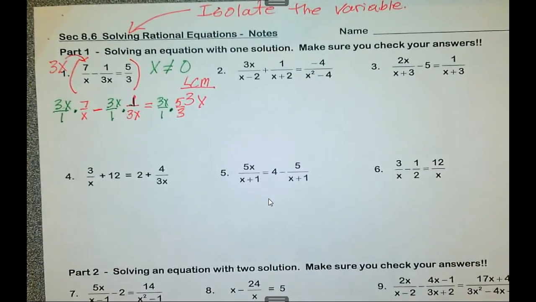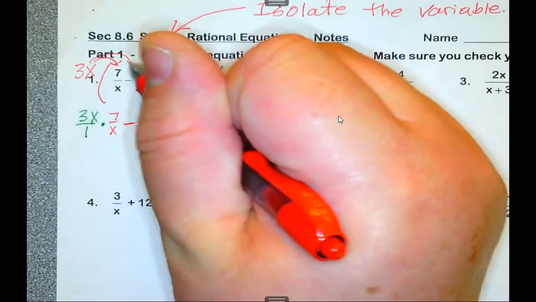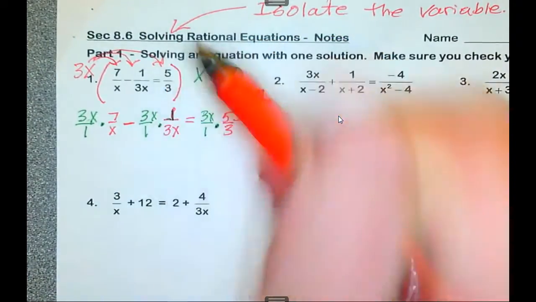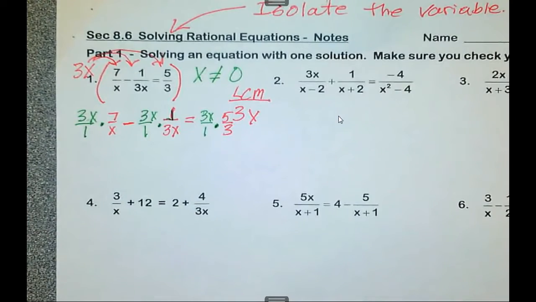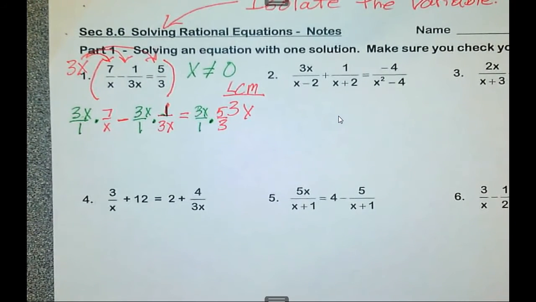Make sense? I have to distribute that 3x to every term. I'm distributing the 3x to every term. That's all I'm doing here.